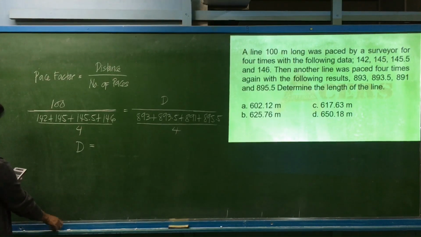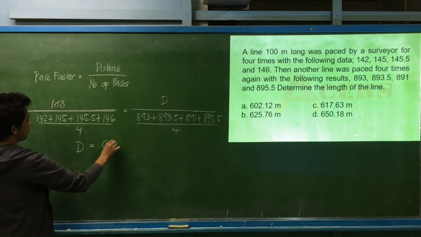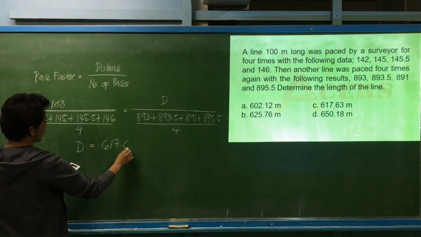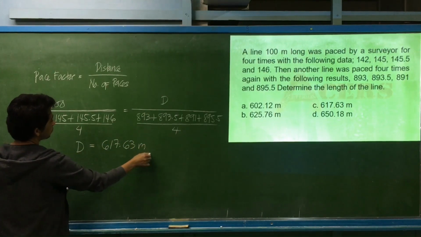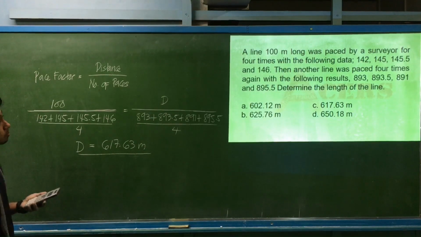Okay, so the distance equal to 617.63 meters. 617.63, we have letter C.